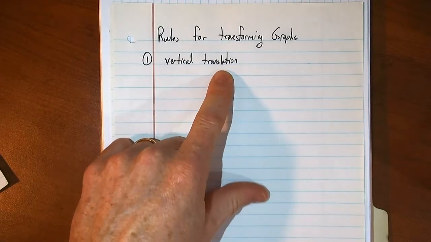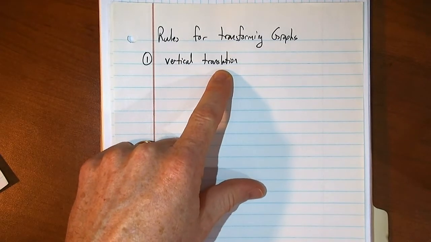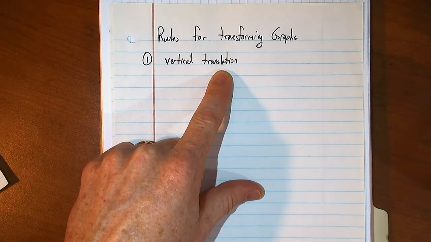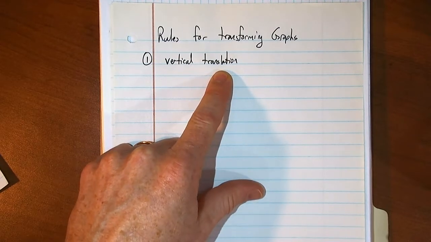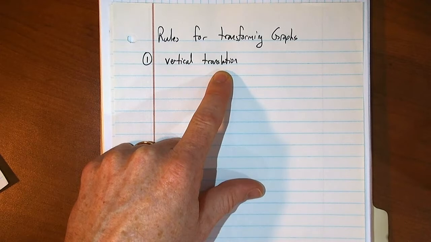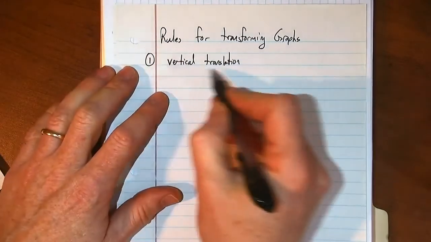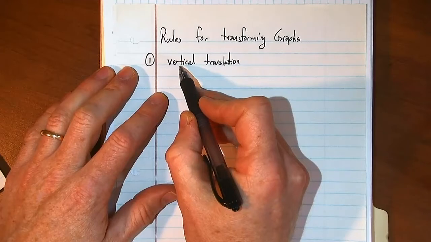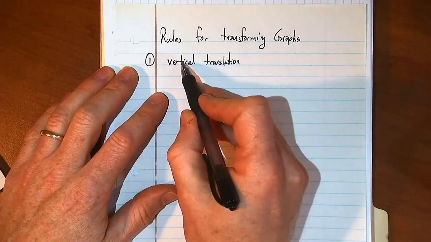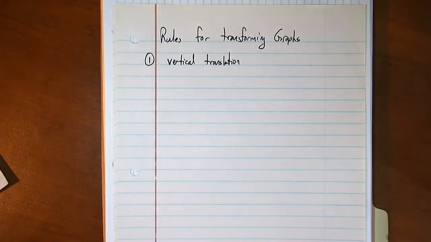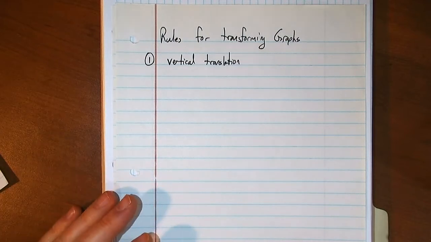And a translation, if you think back to geometry class, means that something is just sliding. It's just moving across the graph in a very uniform way. Nothing is being stretched or twisted or flipped, it's just scooting around, okay? So what I'm going to have is something that's sliding either up or down, one or the other. That's a vertical translation.